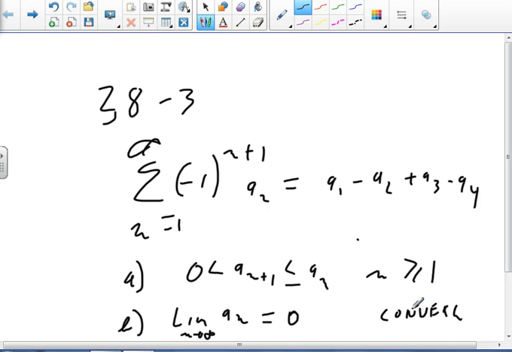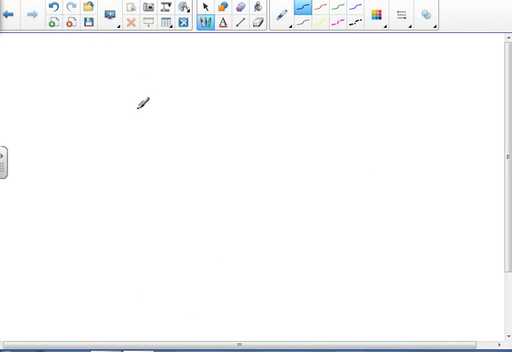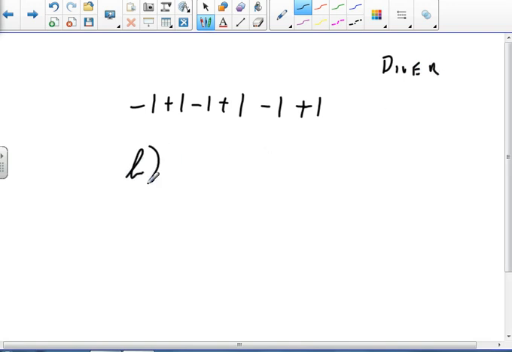But let's say I had something that was minus 1 plus 1 minus 1 plus 1 minus 1 plus. Is that going to converge or diverge? It's going to diverge. Now, why is it diverging? Well, it misses the second part: the limit as n goes to infinity of a_n has to be 0, and it's not.